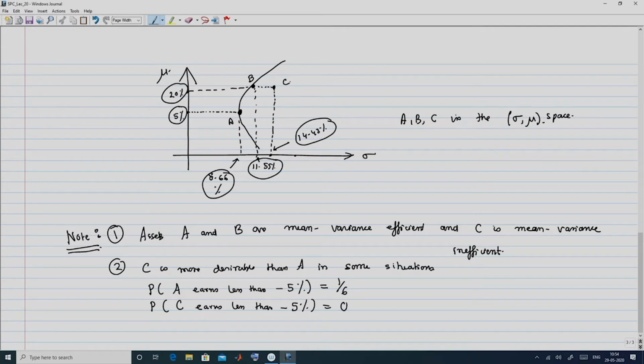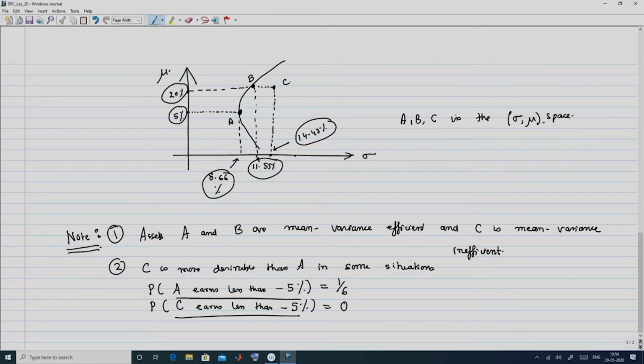So, that is going to be 0. So, you see the probability that C falls below minus 5% is less than the probability that A falls below minus 5%. So, that means that C actually is performing better than A in the scenario that the returns are falling below minus 5%.